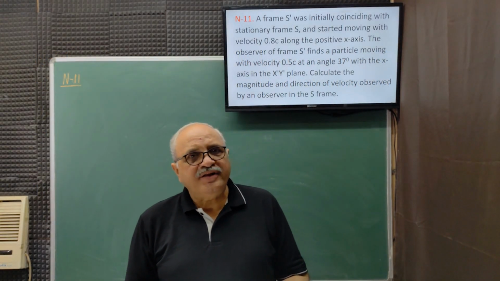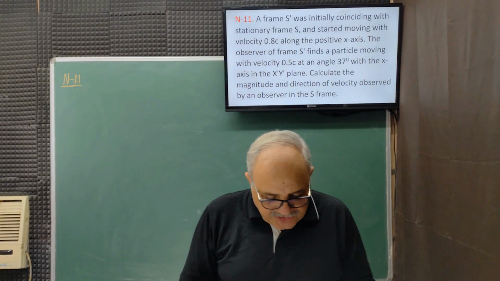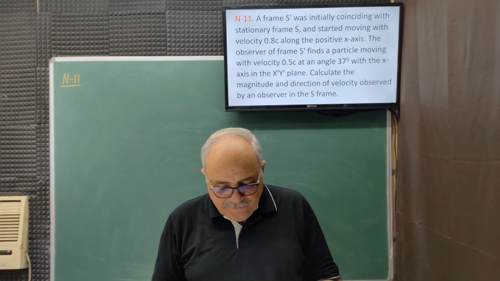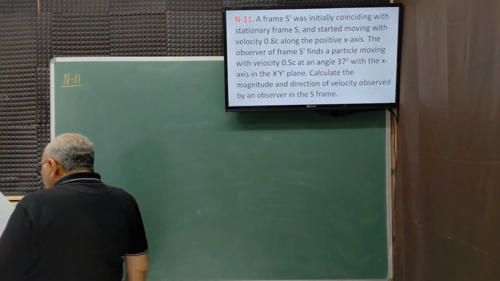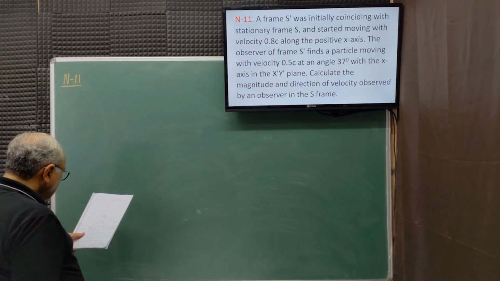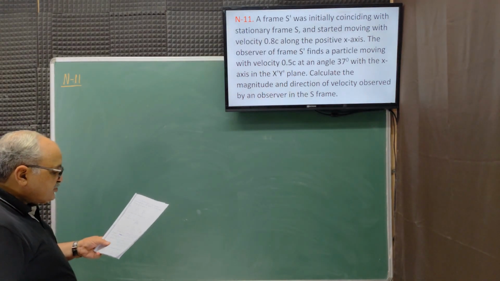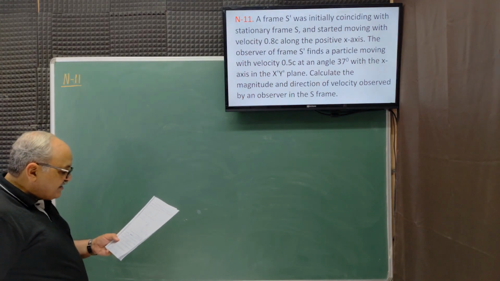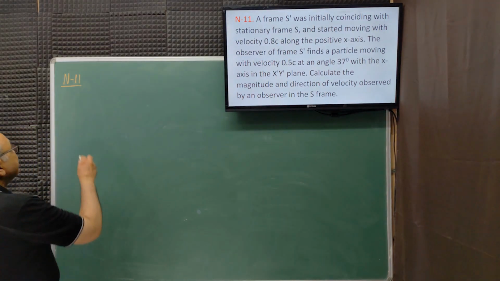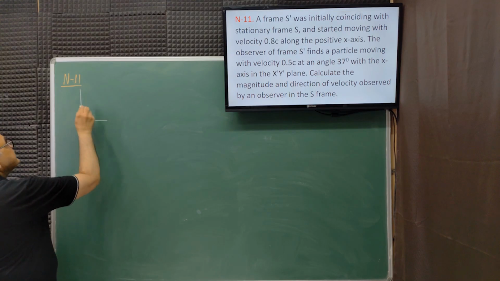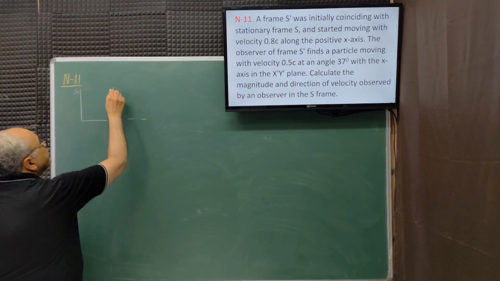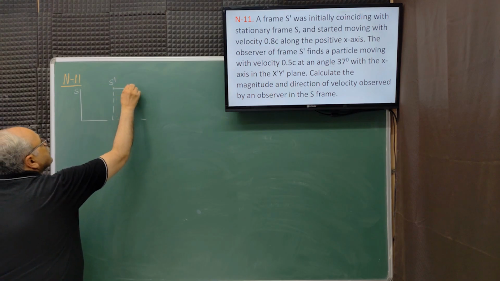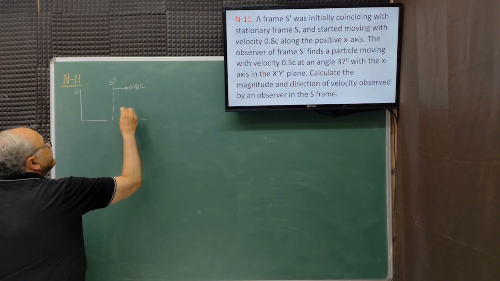So let's take question number 11. In this question it is said that from the S dash frame it is observed that a particle is going with the velocity 0.5c at an angle of 37 degrees with the x dash axis. Let's say this is the S frame and this one is the S dash frame, which is going with the velocity 0.8c.